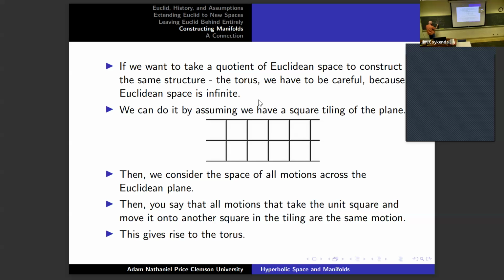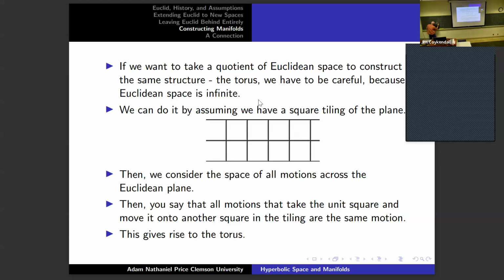It goes from here straight up to here. And so what we've said is that this is the same thing as not moving. Thus, this point must be the same as this point. So by saying that this kind of motion is the same as not moving, we've said that this square is the same as this square.